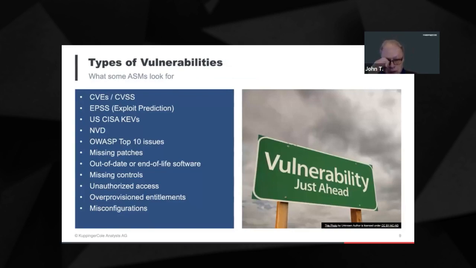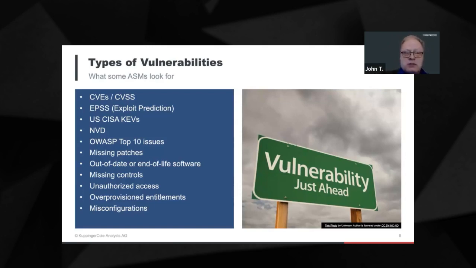So when we talk about vulnerability types, what kinds of vulnerabilities are these solutions looking for? Well, CVEs are pretty well known. There's also the Exploit Prediction Scoring System. There are other national systems like the US CISA's Known Exploited Vulnerabilities, the National Vulnerability Database. Then there are more general things like OWASP Top 10, and then looking for missing patches where that can be determined.